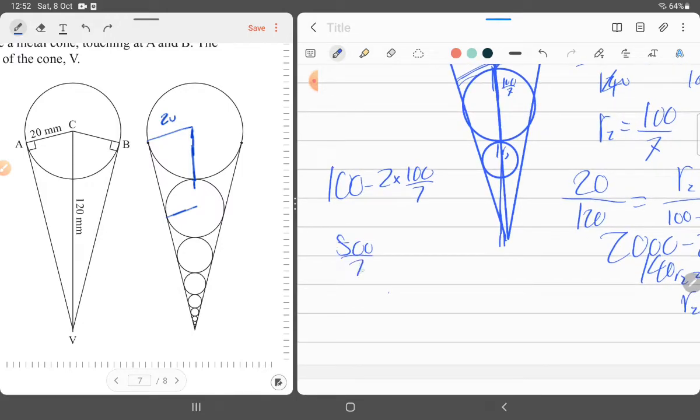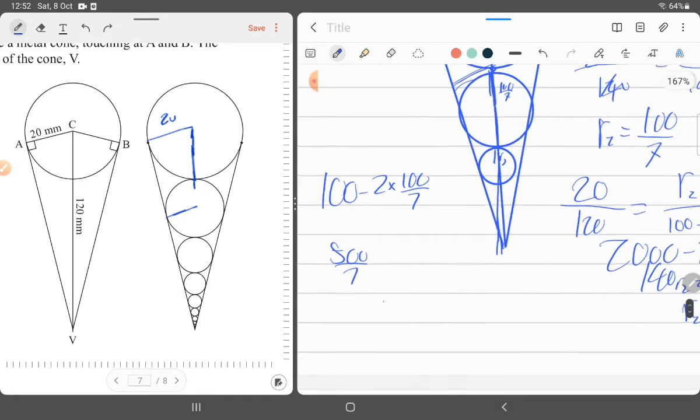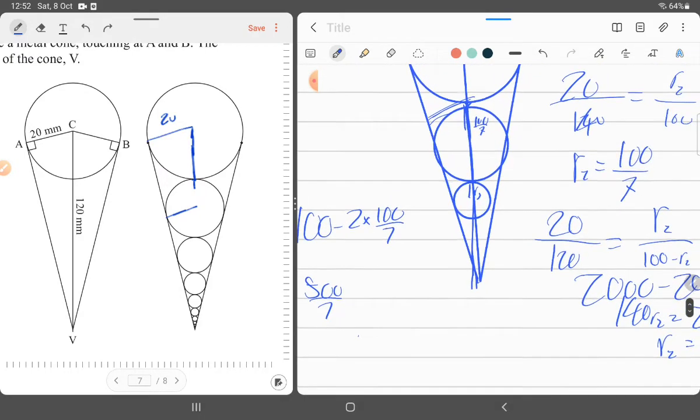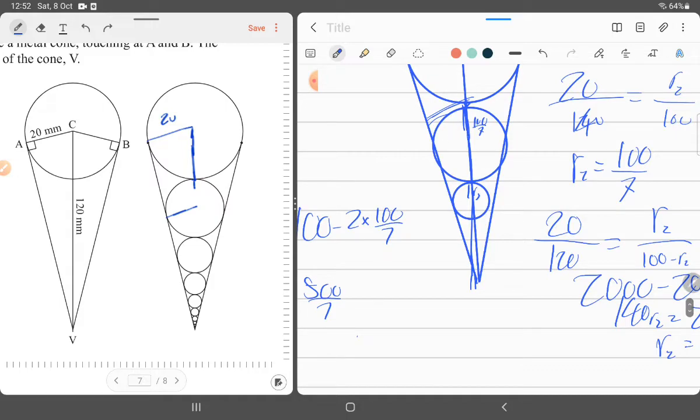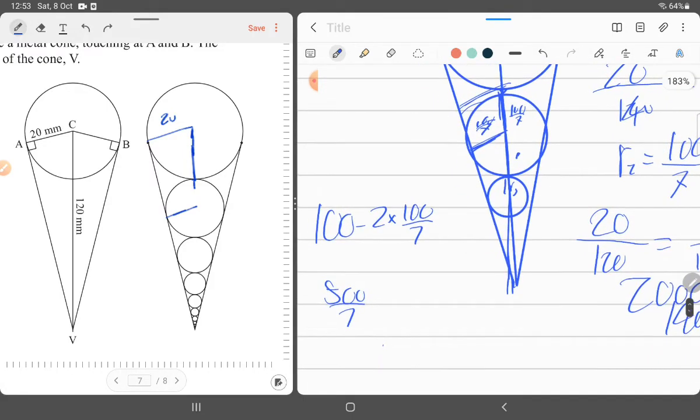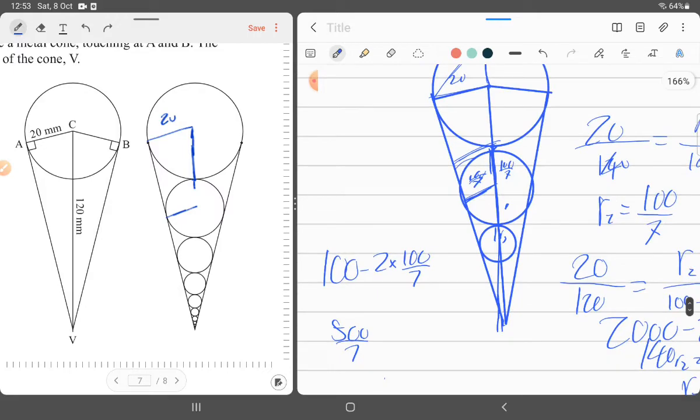100 over 7. So 100 over 7. This is 100 over 7. Here is also 100 over 7. So no, this whole length.